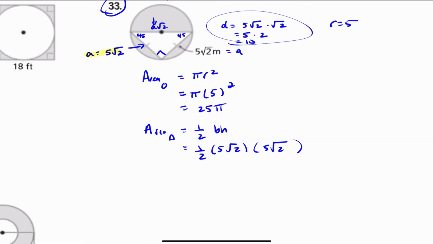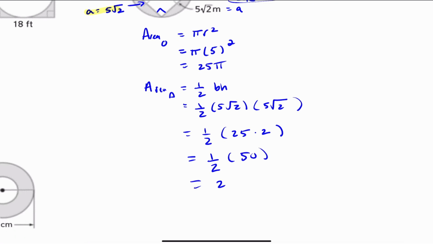So this is what I'm going to do. I'm going to ignore the 1/2 right now. 5 times 5 is 25. So I have 1/2 of 25. And then I have root 2 times root 2, which is just 2. So 25 times 2, so 1/2 of 50, and 1/2 of 50 is 25.